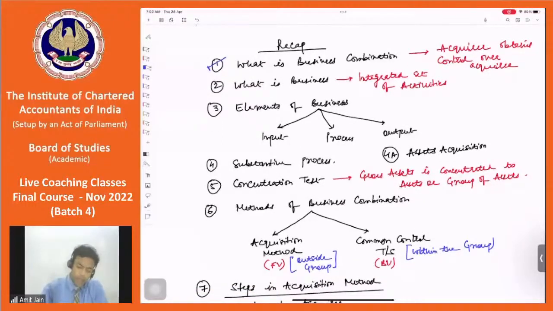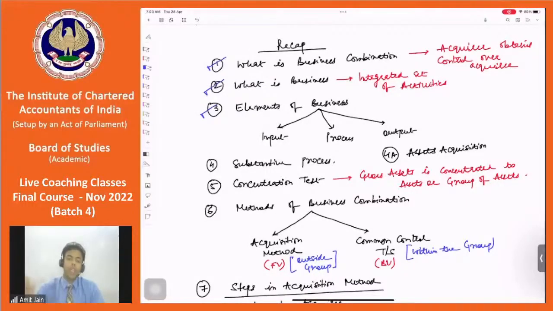Then we have talked about what is a business. We said an integrated set of activities to provide the output, to provide goods and services, to generate income, to generate profit, to generate investment income. That is what a business is. First of all, a business needs to be there, and the business definition needs to be evaluated. If the company which I am acquiring is not a business, I am outside the definition of a business, and then I am outside the scope of Ind AS 103.